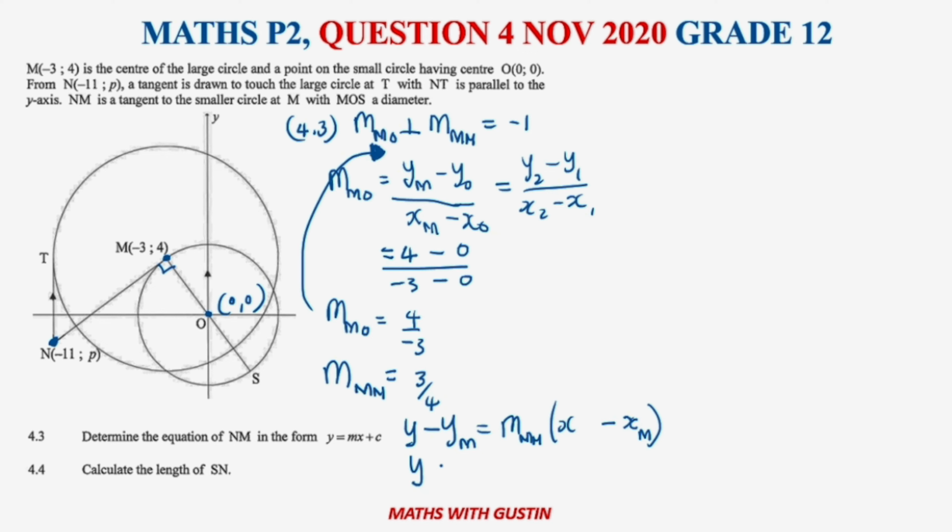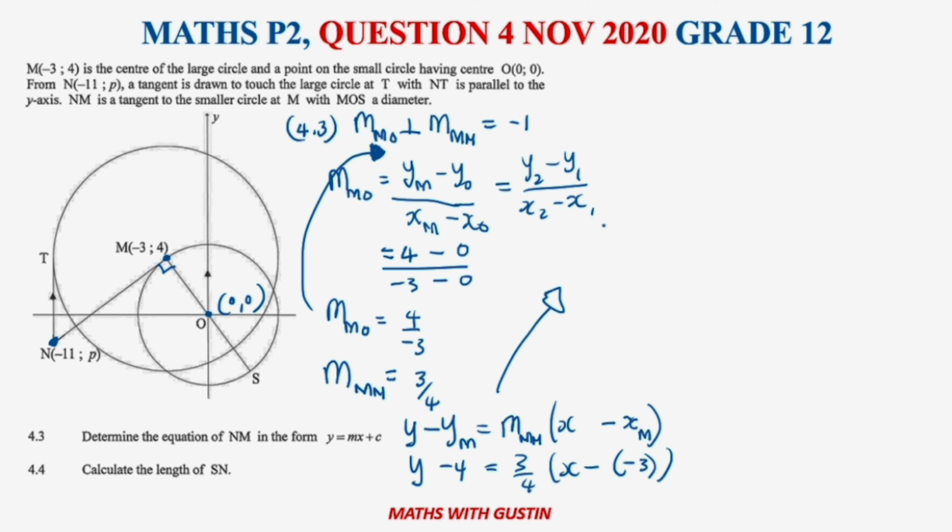Therefore you come here and say y, you are substituting the coordinates of M. The y at M is 4, is equal to our gradient 3 over 4 times x minus minus 3, then close bracket. Then we can deal with the algebra thereof. I'm just going to continue up here, guys.